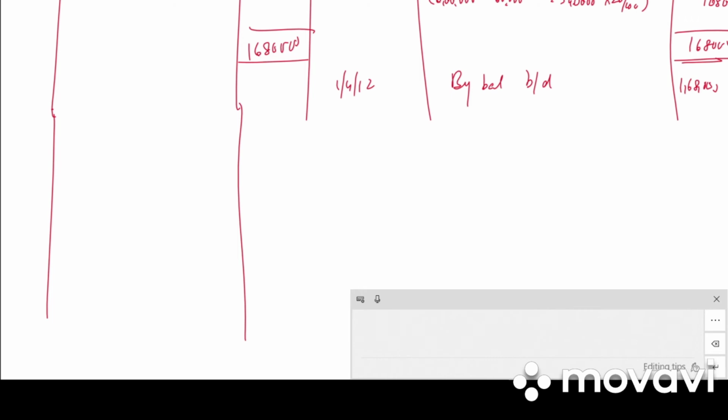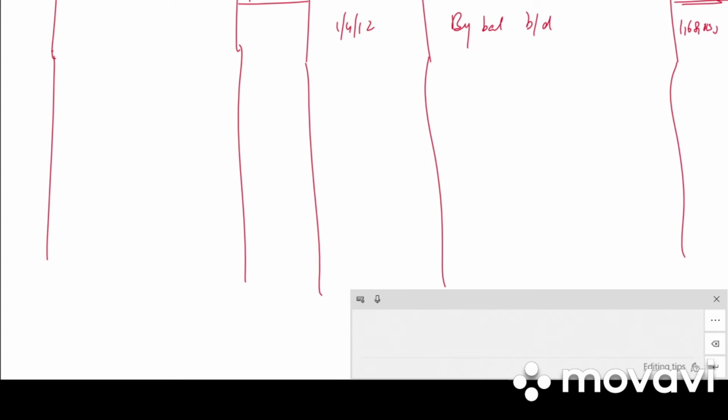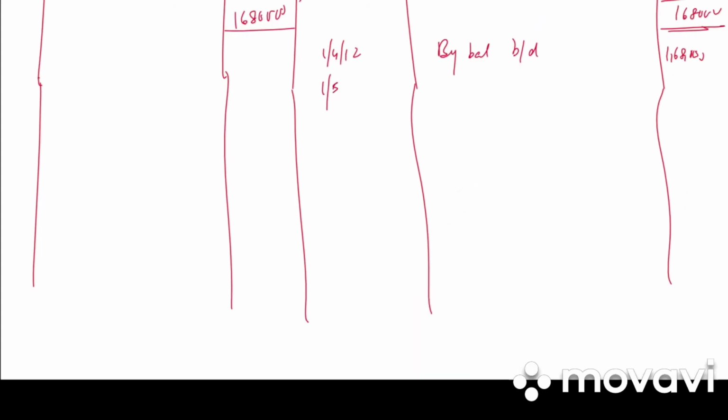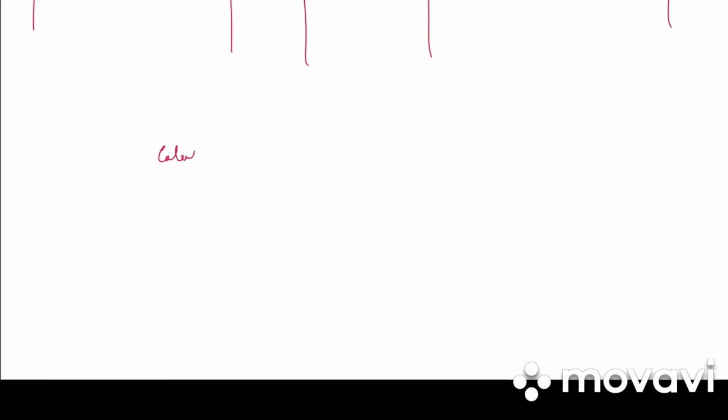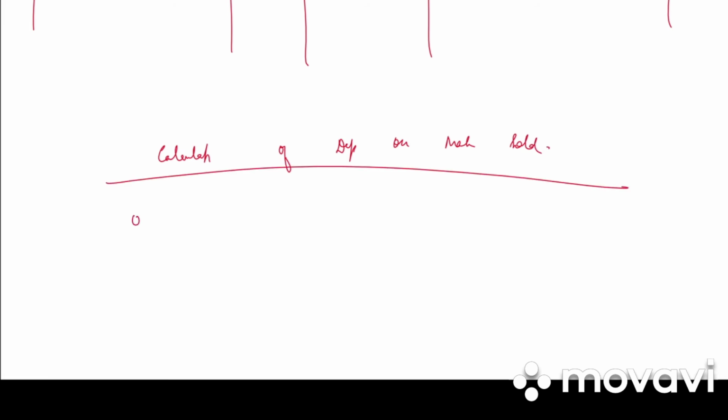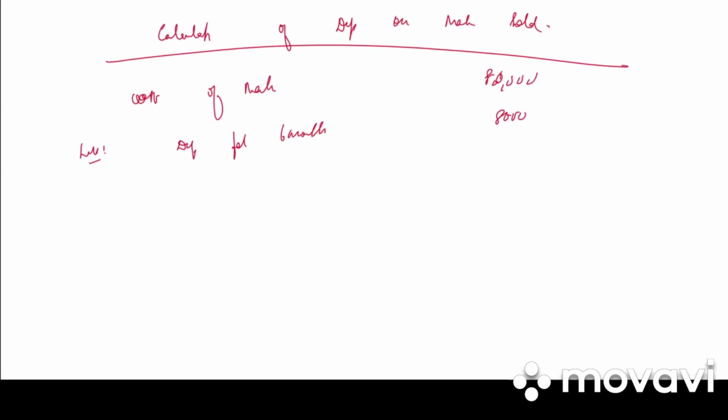Then we have sold a machinery of 80,000. So how will we calculate depreciation for that? On 31st May 2012 we have by depreciation account, we need to calculate the depreciation. So calculation of depreciation on machinery sold. Cost of machinery 80,000 less depreciation for 6 months. So 80,000 into 20 by 100 into 6 by 12, 8,000.